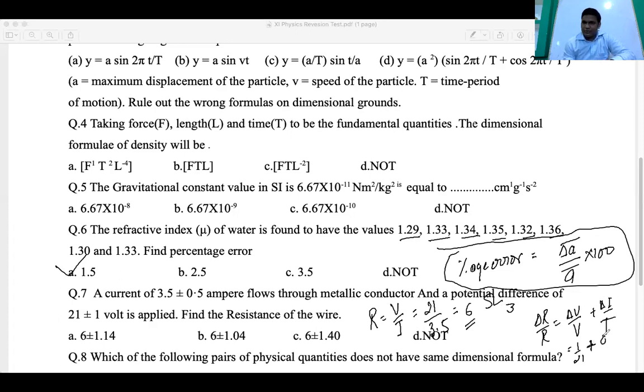It will be 0.5 divided by 3.5, and you need to multiply with your R, that is 6, and this will be your delta R. Now you can solve. The answer will be written in the form of R plus minus delta R: 6 plus minus 1.14.